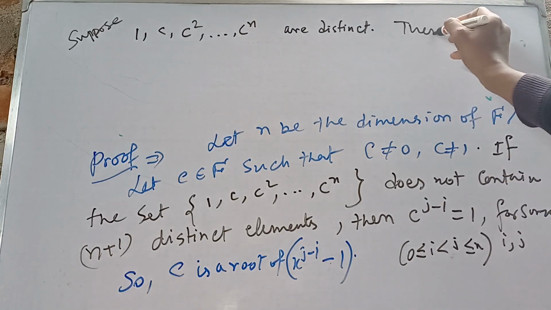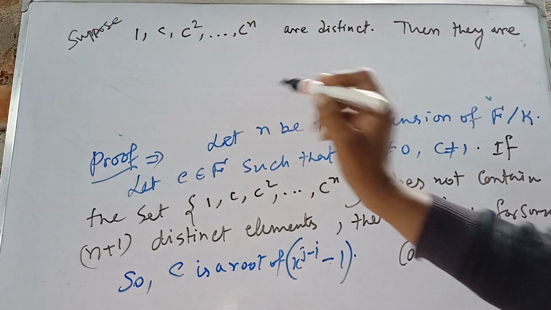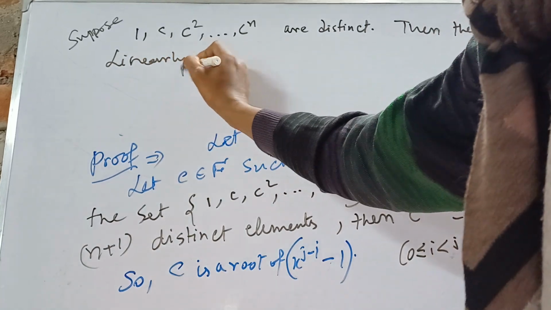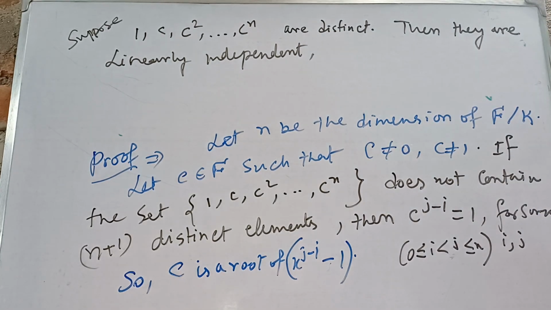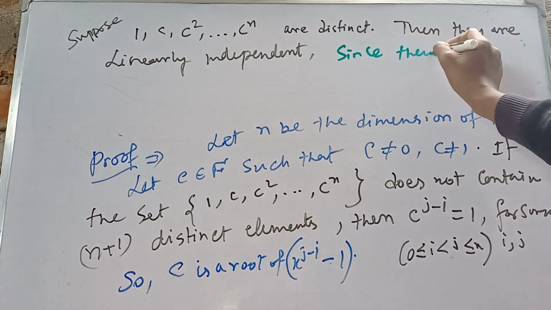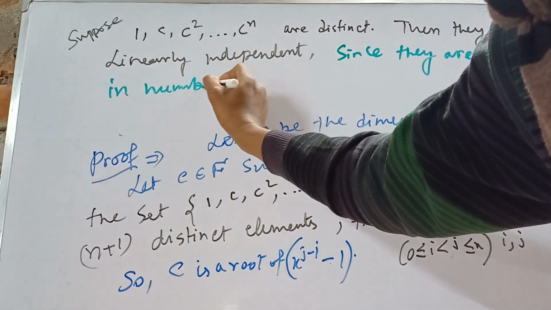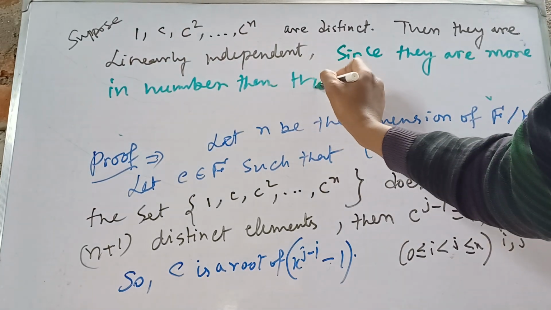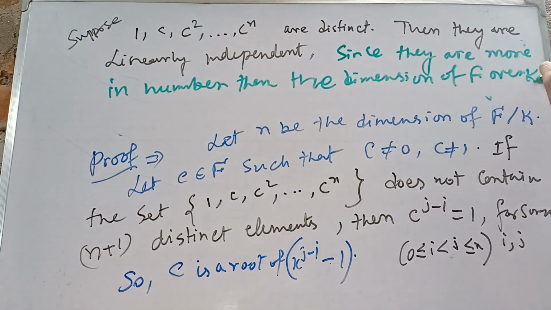Then they must be linearly independent, since they are more in number than the dimension of F over K.